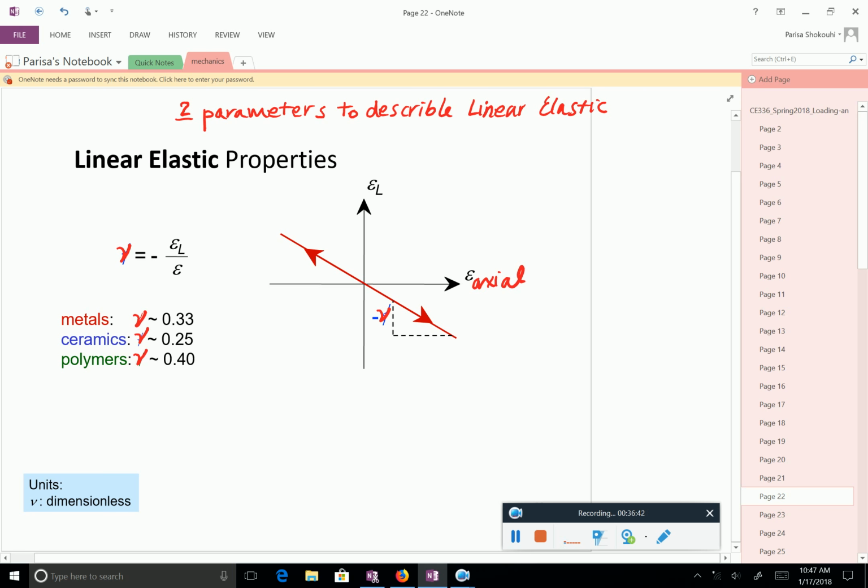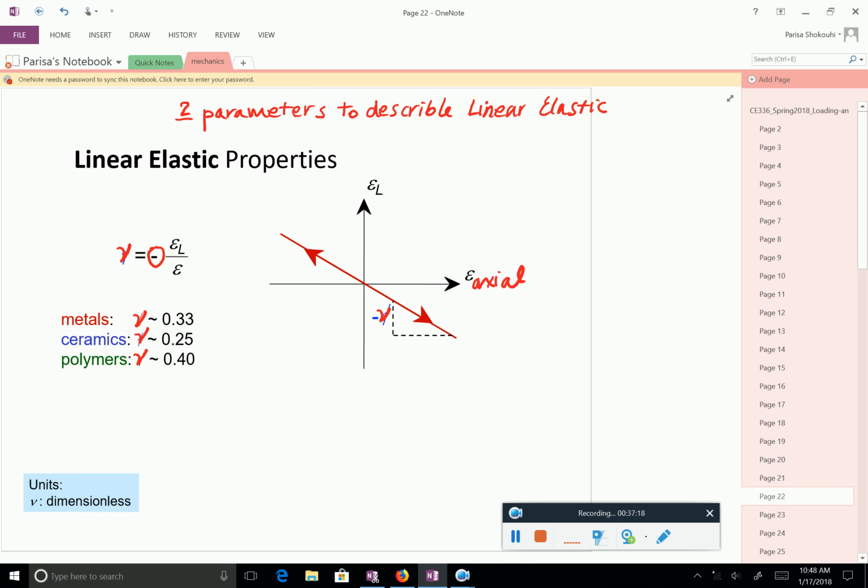And you notice a negative sign here. This is used so that you don't get negative numbers. Because if you stretch something, it's going to contract in the other direction, so the ratio will be negative. To make it positive, you have to add a negative sign. If you compress it, it will expand in the other direction. Again, negative. To make it positive, we add a negative sign.